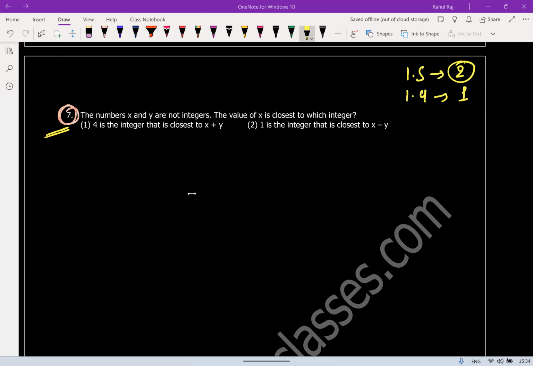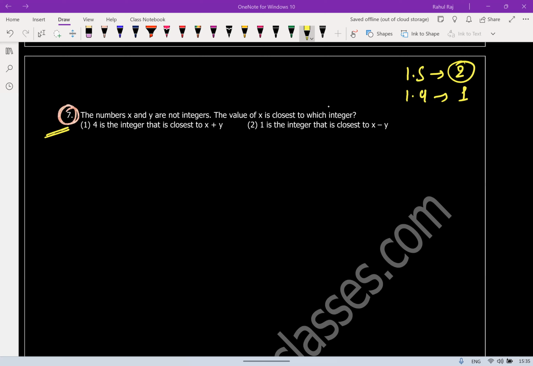E. Perfect, yes. Darshana, Sparsh, what's the answer? Sarthak, your answer? None of these. I already said that the option is E.